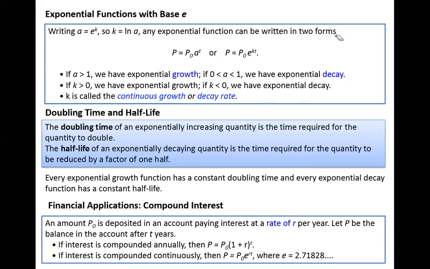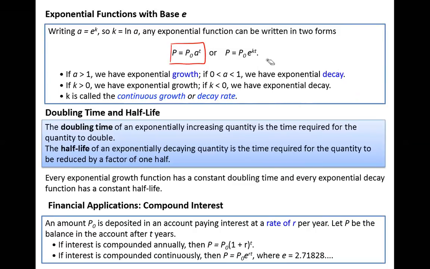That means now we know that if the exponential function has a base greater than 1, it's always increasing, which will be exponential growth. If it's less than 1, of course positive, greater than 0, we do have exponential decay. We may also have continuous growth or decay, where k is the continuous growth or decay rate.